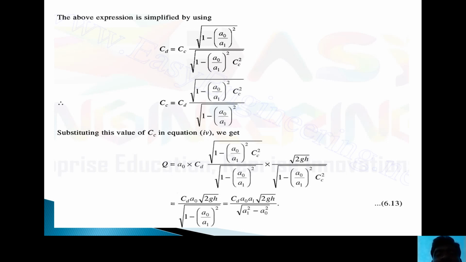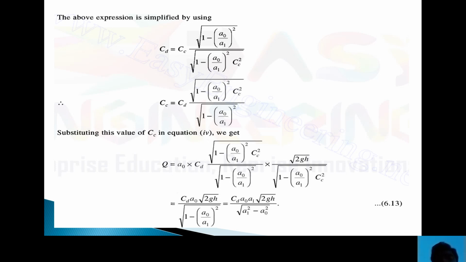Now substituting the Cc value in equation 4, we get Q equal to A0 Cd into root of 2gH by root of 1 minus A0 by A1 whole square.